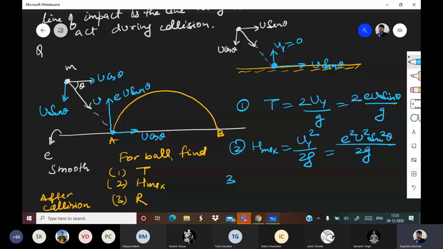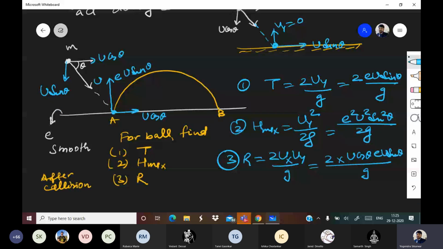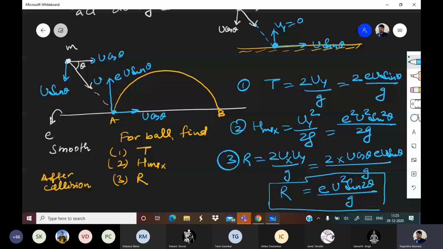So 2 into ux, u cos theta, into uy, eu sine theta by g. So E is E, U into U is U square, 2 sine theta cos theta is sine 2 theta by g. So that is R.